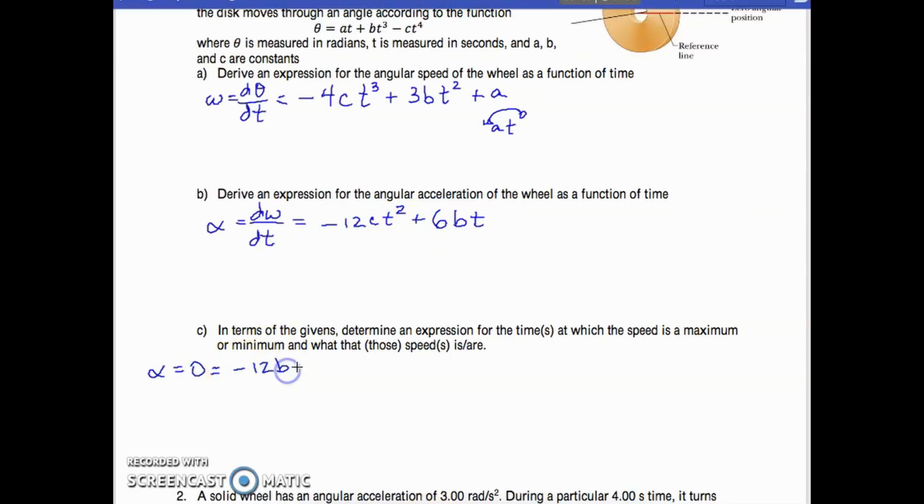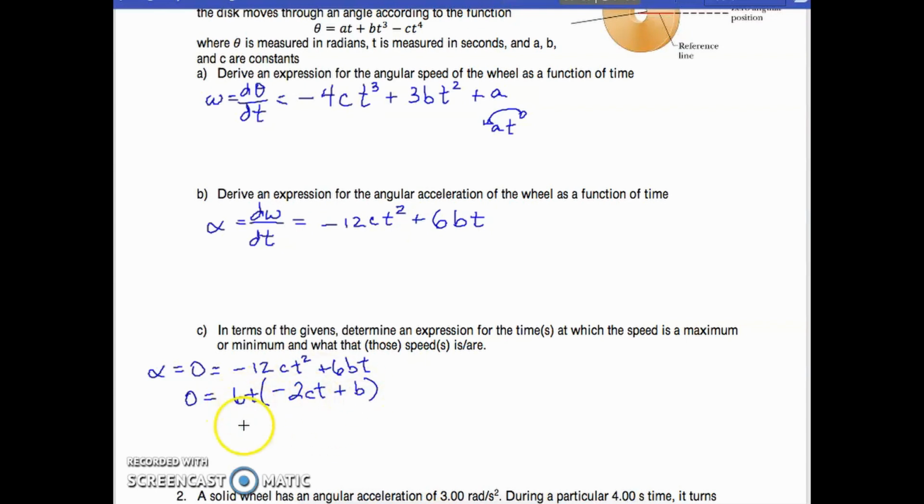So 12, that's a C, squared plus 6bt. And we can factor things out and divide because we have a 0 on this side. So we'll have 0, factor out a 6t, and then we will have a negative 2ct plus b left inside the parentheses here.